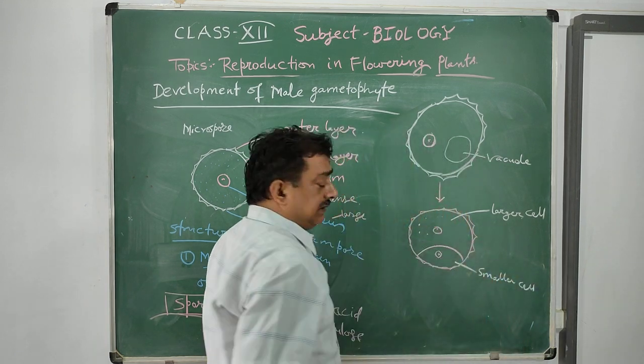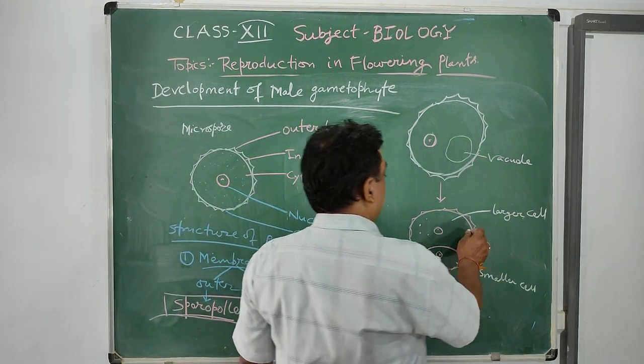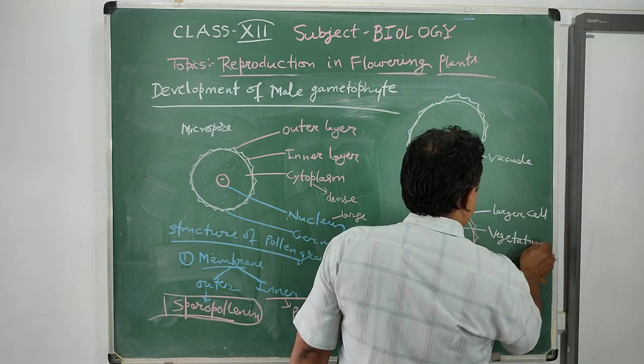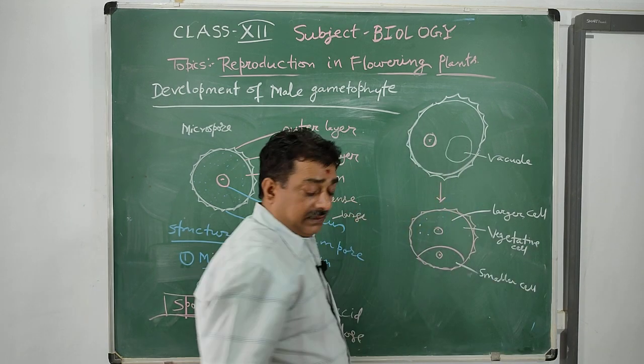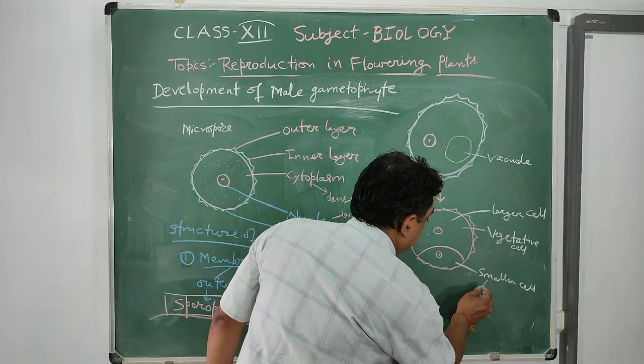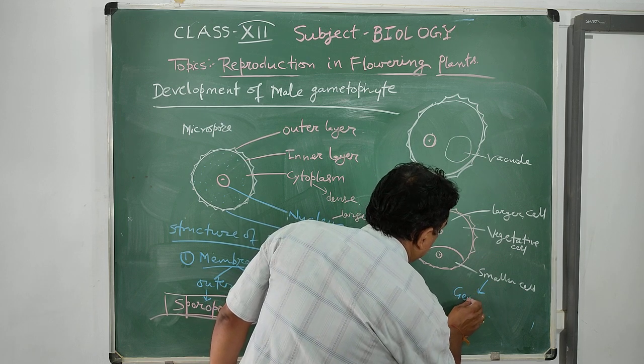The larger cell is also called the vegetative cell. The smaller cell is the generative cell.